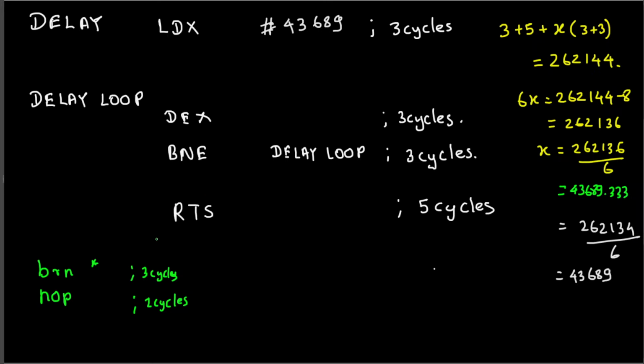So I can just put a nop right here. That's going to take extra 2 cycles, and make sure you put it after the loop, because this one should happen just once. So after the loop we put a nop, and that's going to take 2 cycles. And now if we apply the x value here and plus 2 for this, then we are going to get this number back.